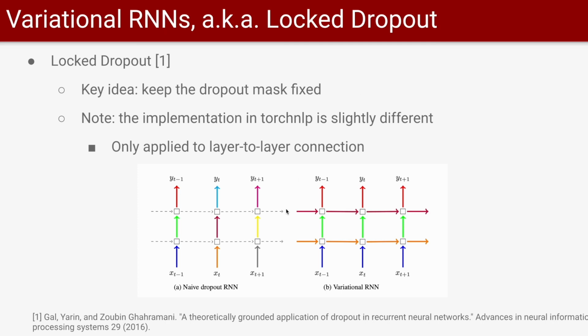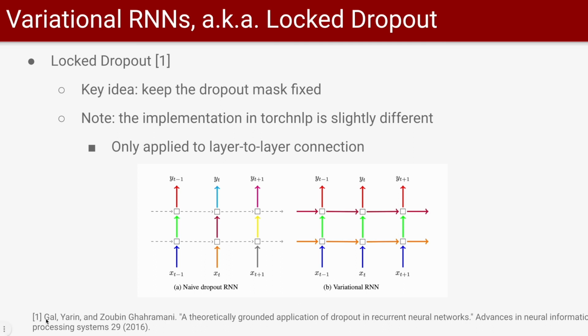And you can see the difference between these two figures. This is naive dropout in recurrent neural networks as implemented in PyTorch. And this is variational recurrent neural networks or locked dropout, where the same color means the same dropout mask, and you can see the dropout mask for different time steps remains the same.